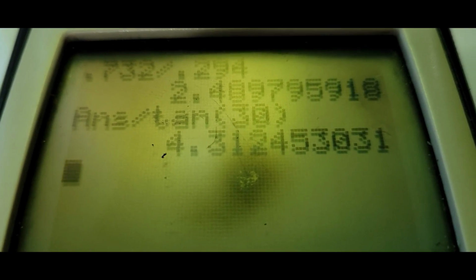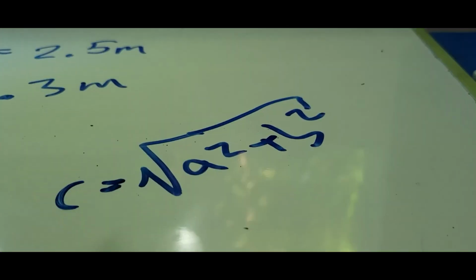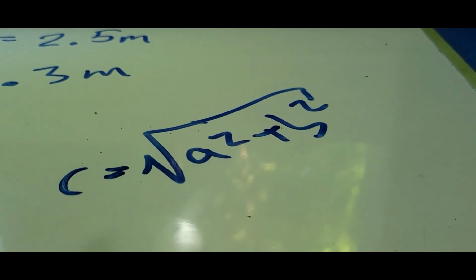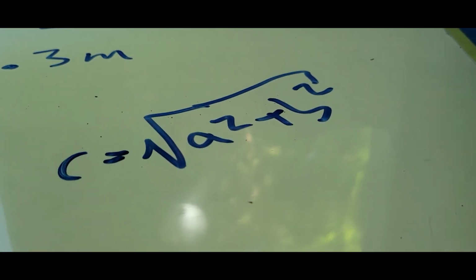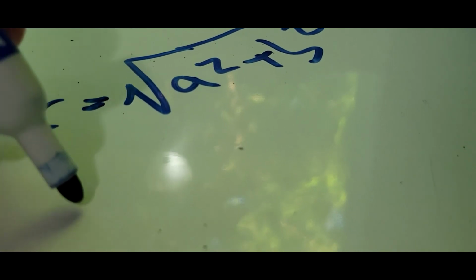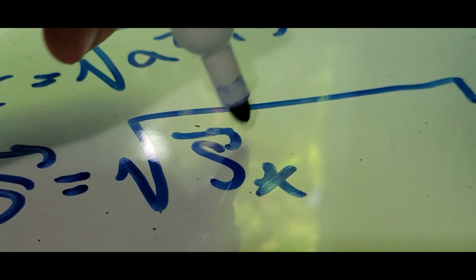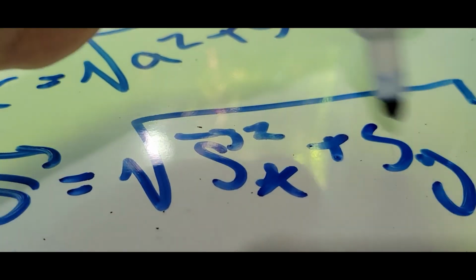Now, how do you think we could find the actual distance? Think about it for a second and return back to the video. Now, if you said we should use the Pythagorean theorem, you would have been correct. So we would get our distance is equal to the square root of sx squared plus sy squared.